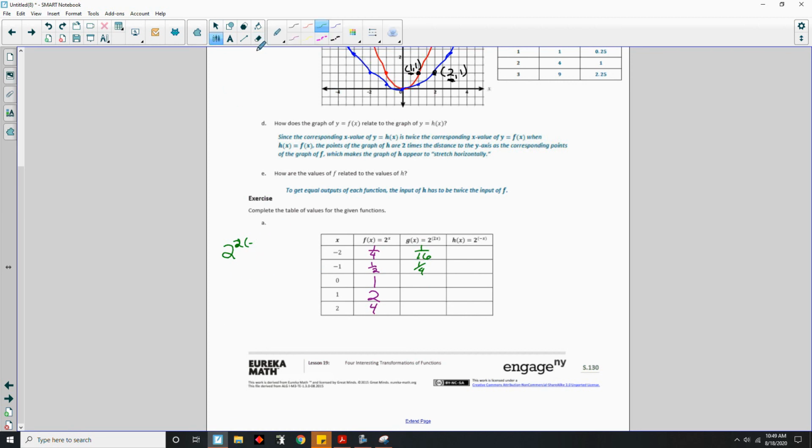And now I have 2 to the 2x, and x is 0. Well, 2 times 0 is 0, so this will end up being 2 to the 0, which is 1. And then the next one, we're switching our 0 here to 1.